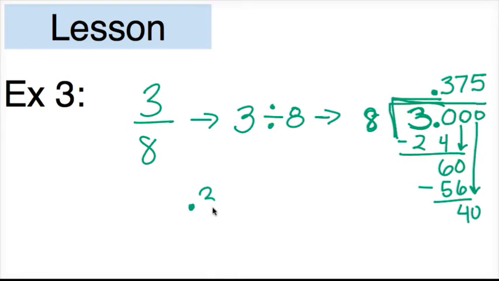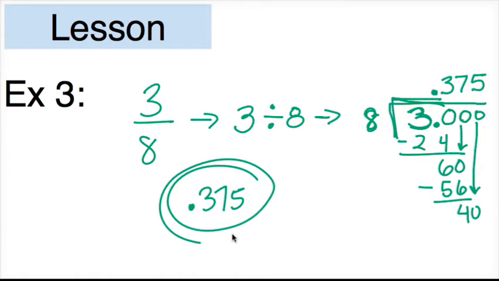So my answer is 375 thousandths. Now, I did create a decimal, and it's in the thousandths, so I could have done the conversion and turned 8 into 1,000, but again, that would take so long. This method, in this case, is faster.